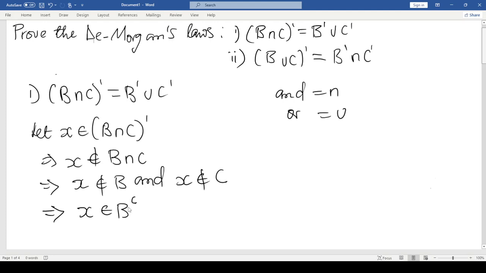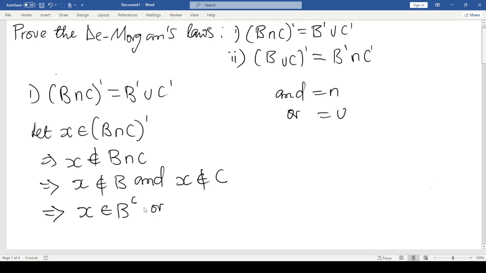So the moment we change from saying X belongs to something to X not belonging to something, the word that we have in the middle here changes. So we're saying the moment you change from X not belonging to something to it belonging to a given set, then the word that we have here changes. So here we're saying X belongs to B complement, and from "and" we go to "or" now.